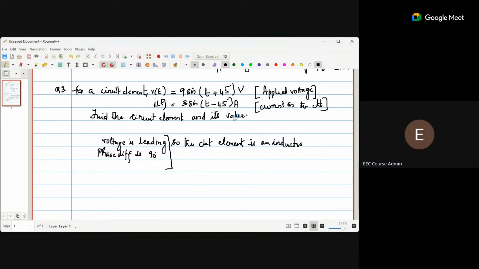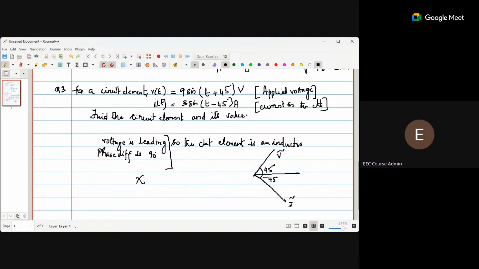Here it is plus 45. So if this is the reference line, this is plus 45, which is the voltage vector, and the current vector is here at minus 45. This is the I vector.